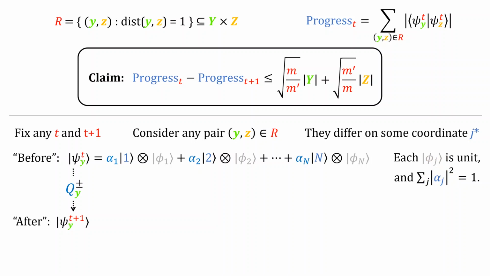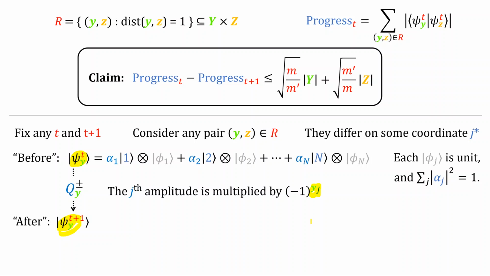Okay, so now we do a quantum query, and that's the method by which we go from psi t to psi t plus 1, still focusing on the input being y. So what does this quantum query do? If you recall, it changes the amplitudes of each piece depending on the input bits.